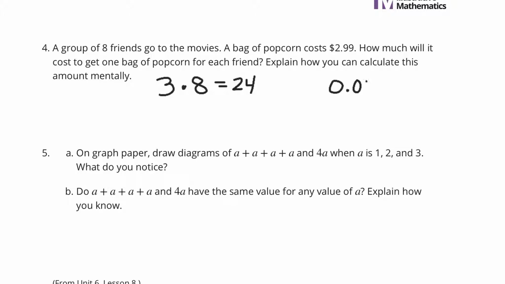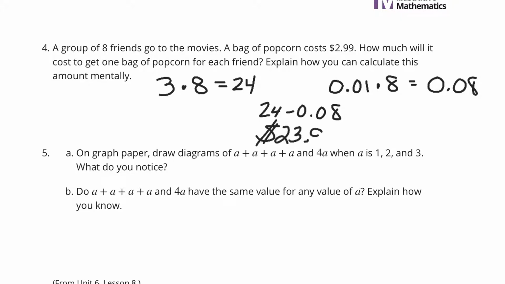So in my own head, I could take a penny times 8 and know that I am 8 cents over with that $24. And so, again, mentally, if I take $24 and take away 8 cents from that, I would get $23.92.